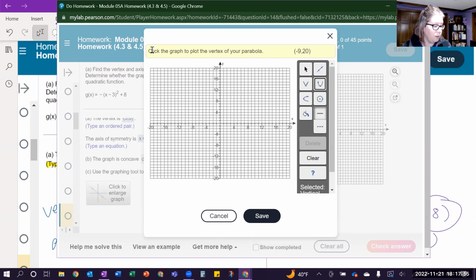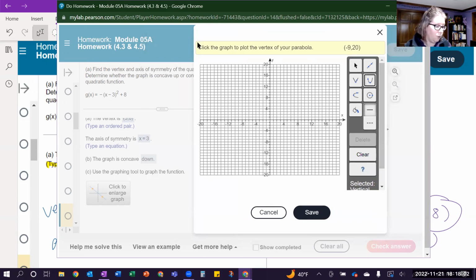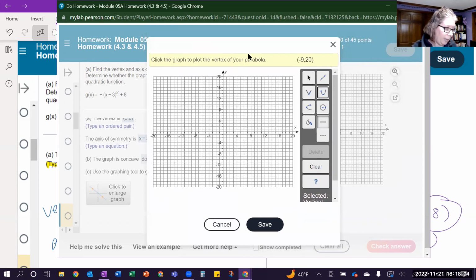Now the directions up here say click the graph to plot the vertex. We said the vertex was 3, 8. So I need to do 3, 8. You can get as close as you can and watch the vertex changing up in the yellow box. So I want 3, 8, click.